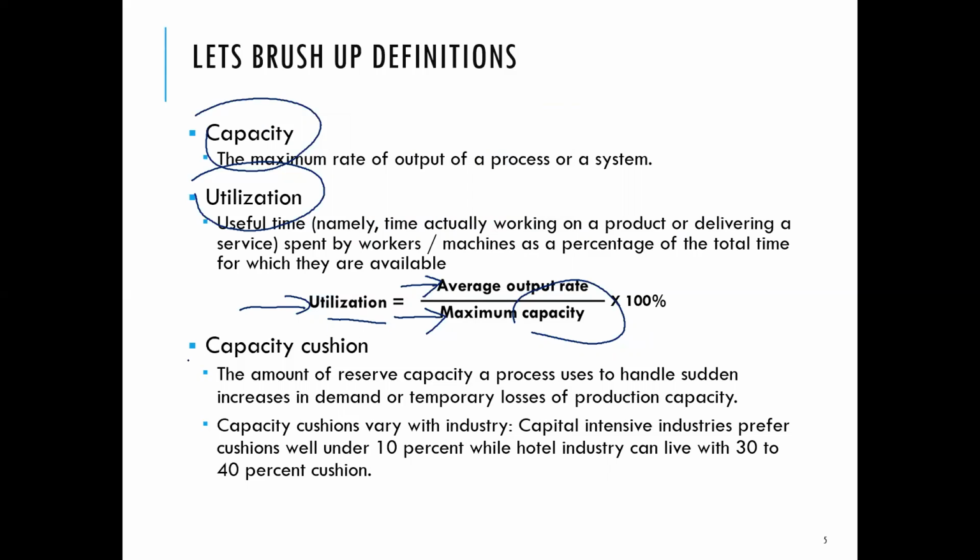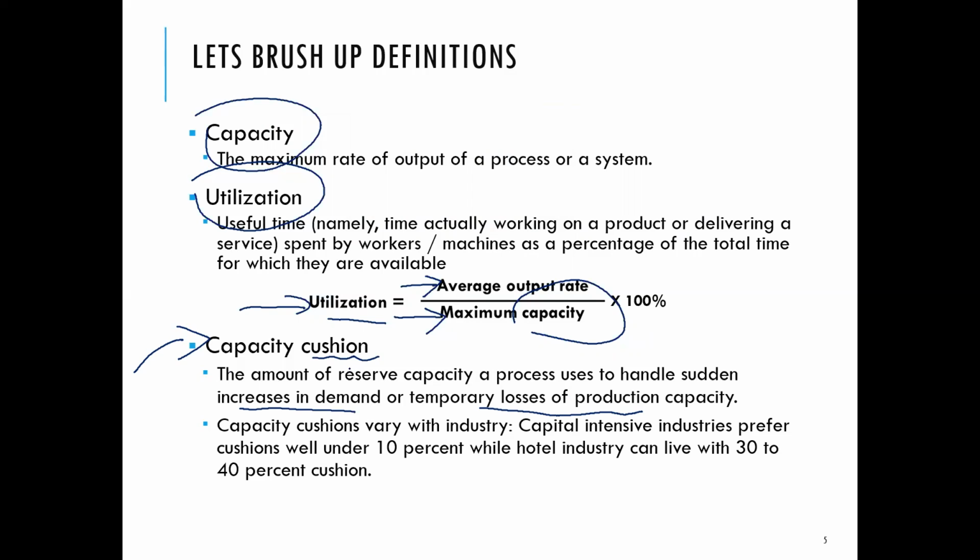The only new term that we introduced in our last session is cushion. And cushion, as the name indicates, is the excess capacity you want to keep in your system just so that you can take care of either a sudden increase in demand, or if you have a breakdown or some other unforeseen event, you want to have some kind of a cushion.